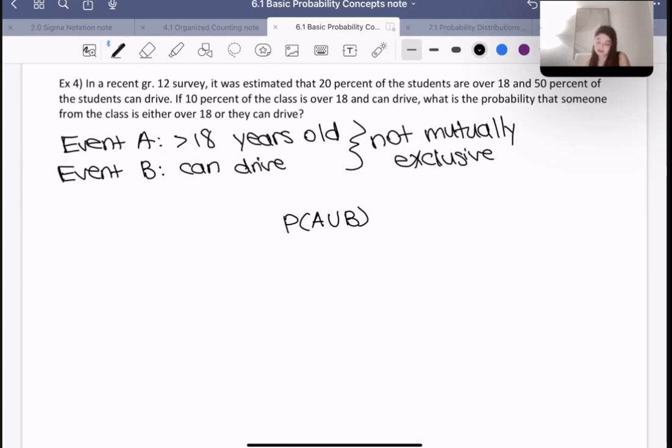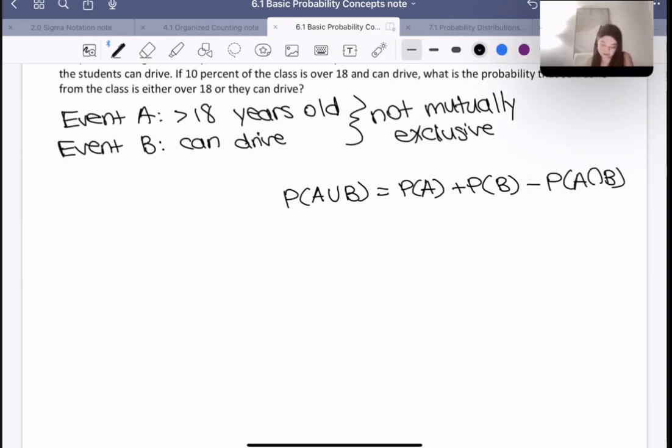And that's going to be equal to the probability of A plus the probability of B minus the probability of A and B being true, right? Not because we want to take away that possibility, but because we don't want to count it twice. So we're taking it away just once so that it only actually occurs once in our data set. Good.